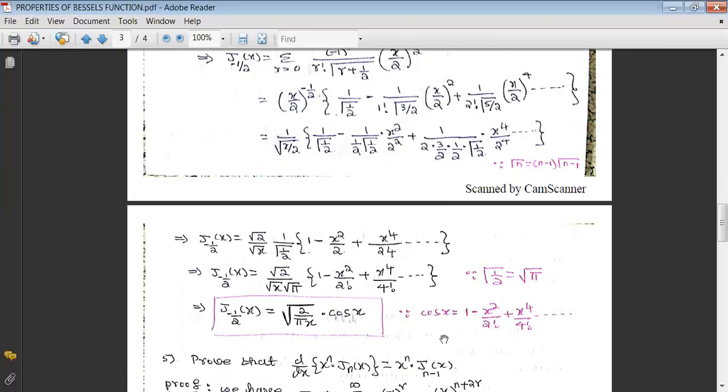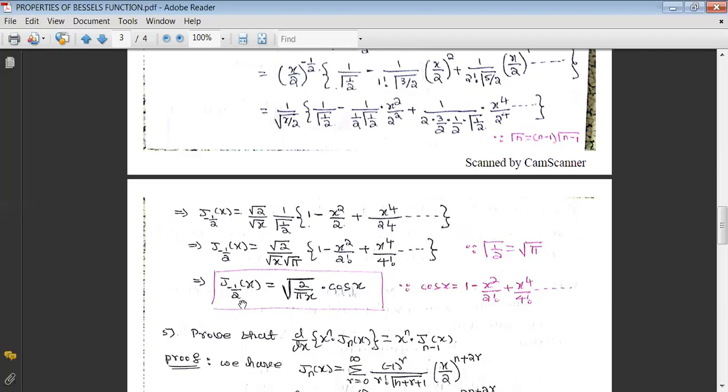We know that the power series for cos x is 1 minus x squared by 2 factorial plus x raised to 4 by 4 factorial, and so on. So this can be replaced by cos x. That is why we have proved that j minus half of x equals root of 2 divided by pi x into cos x. That is the second example.